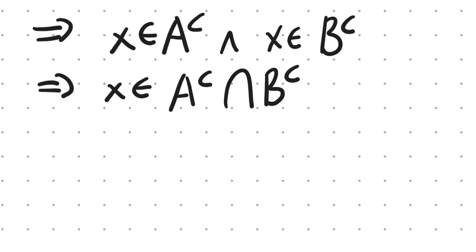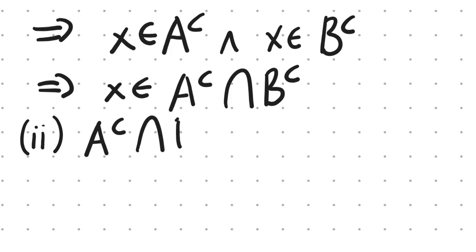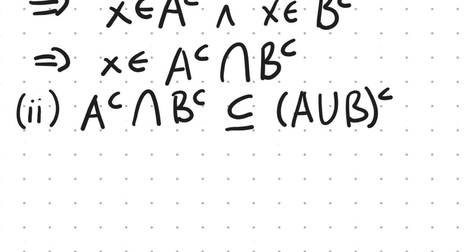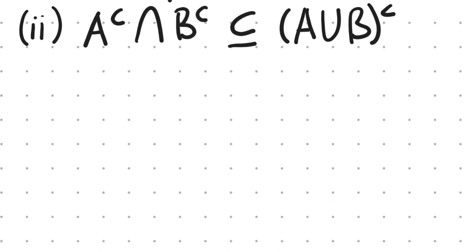So the other side we have to prove is that if we have the set A complement intersecting B complement, that this is a subset of (A union B) complement. So this is the other side of the equivalence.